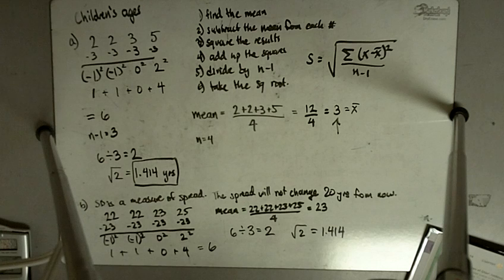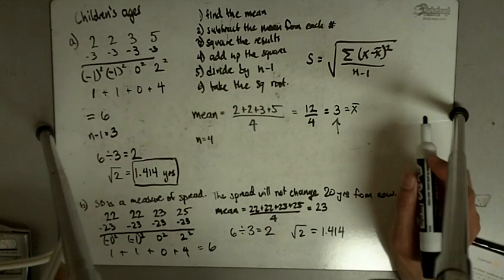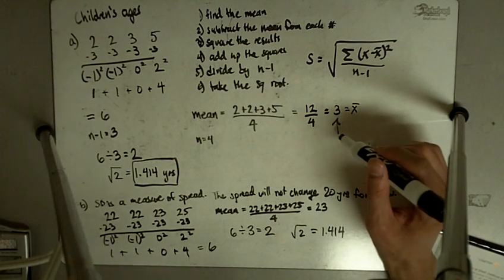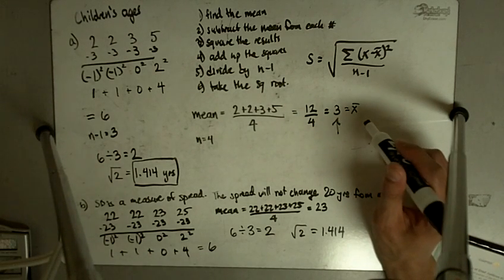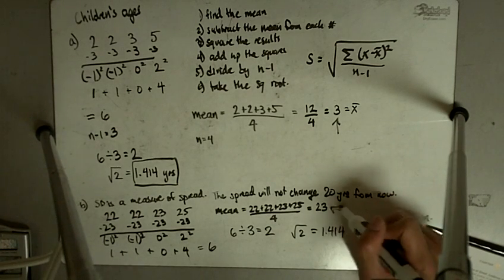And it says, without doing any calculations, indicate whether the mean age in 20 years will be larger or smaller. We know that the average age right now, the kids are really young, 3 years old. But in 20 years, is the average age going to change? Yes, in 20 years, the average age will be 23.